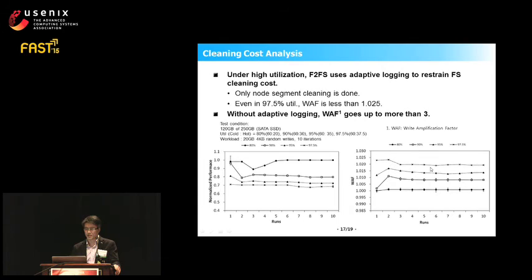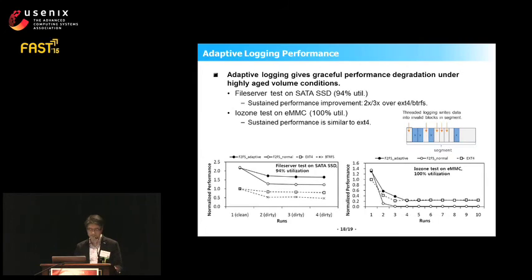It is about 1.025 even at 97.5% utilization. So the adaptive logging performance is better than other file systems in very extreme cases.